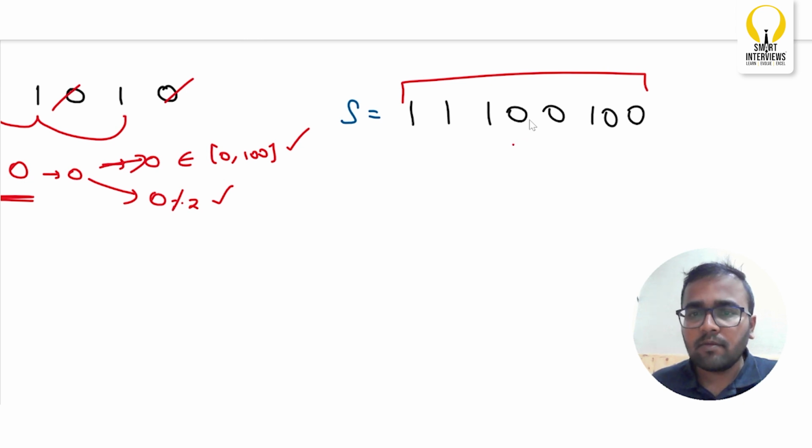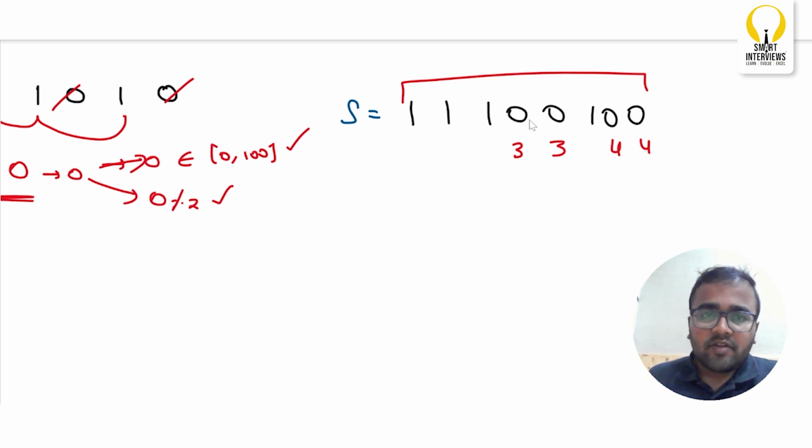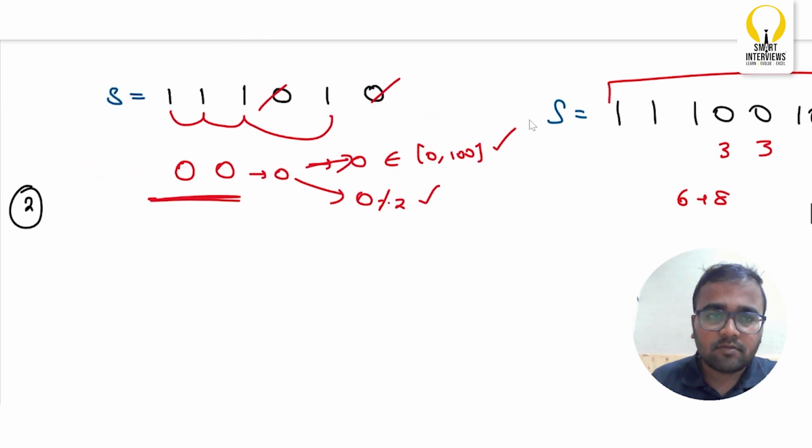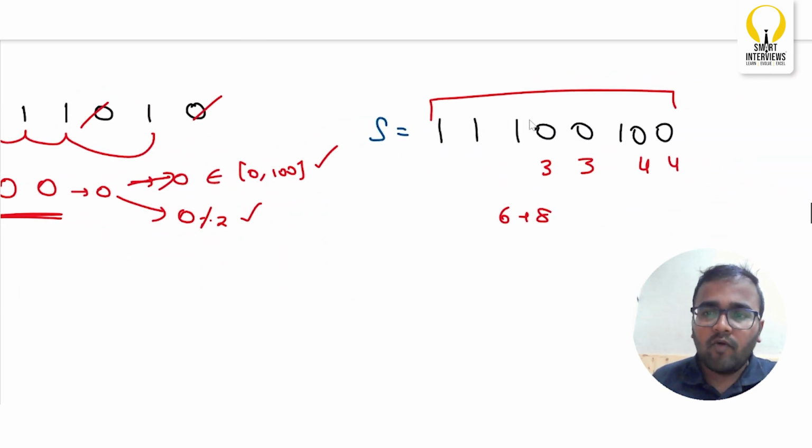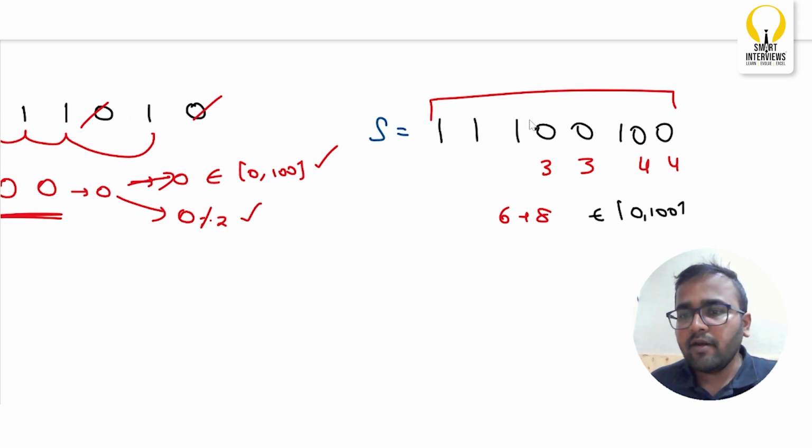So with respect to this 0, it is 3. With respect to this 0, it is 4. So this string, total number of inversions are 3 plus 3 is 6, 6 plus 4 plus 4 is 8. So it is satisfying the case like 0 to 100 and it is divisible by 2. So we can remove the entire string.